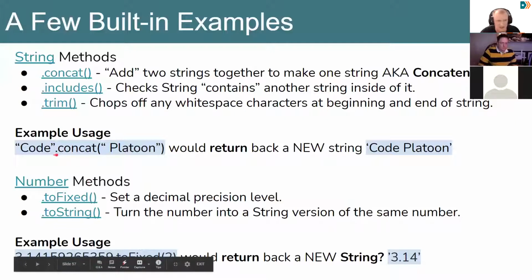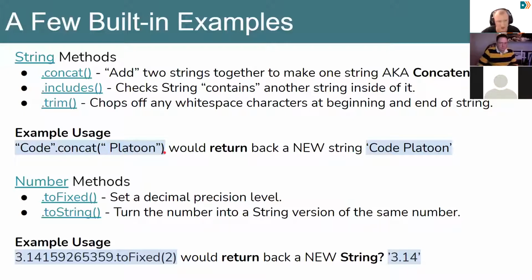Using this little dot syntax right here, because this is a string data type, I can chain a method to it. I could say dot concat, and I can say concatenate this argument that I'm passing in to my existing value, and it will return back a brand new built string for you. So this is another way to do concatenation. We could use the plus sign, or you can use string methods.